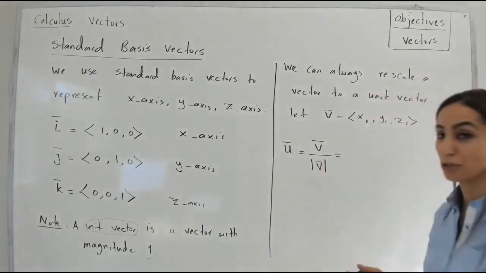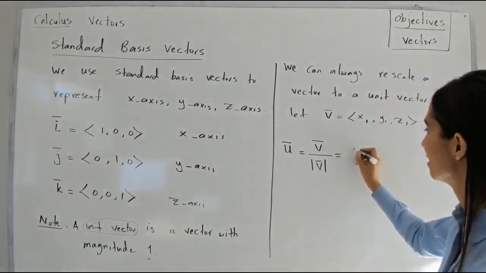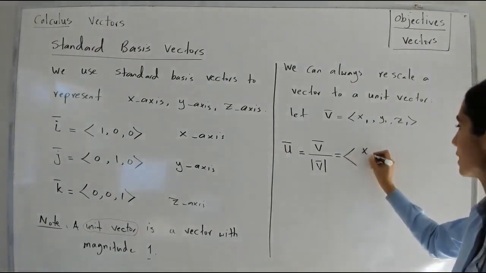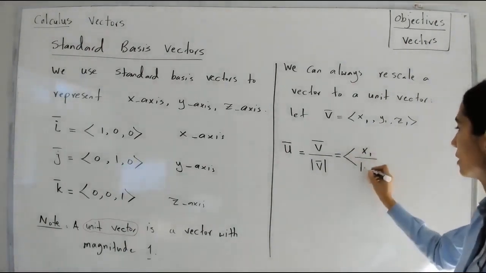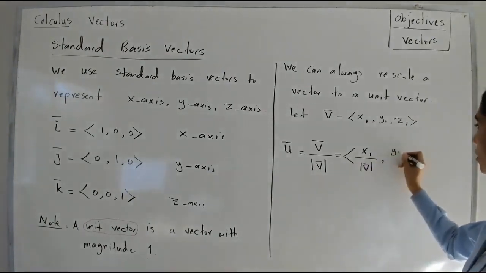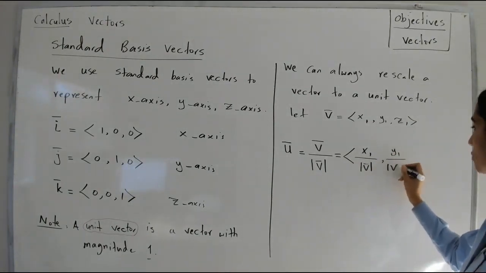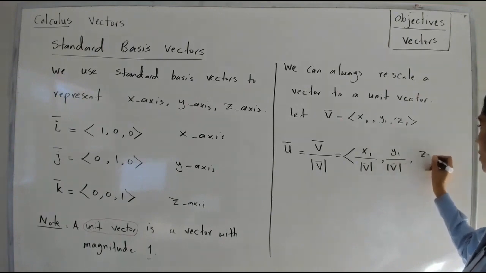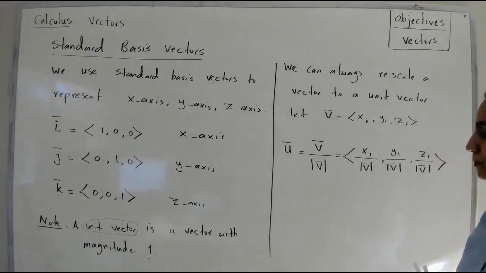So your new vector has first component x1 divided by the magnitude of v, comma y1 divided by the magnitude of v, and z1 divided by the magnitude of v.